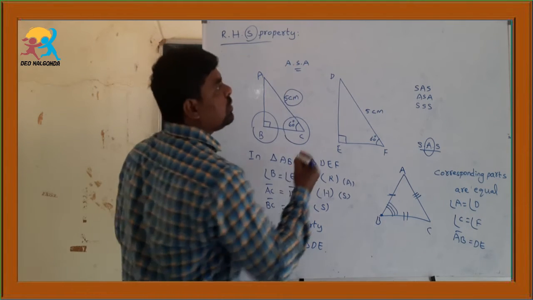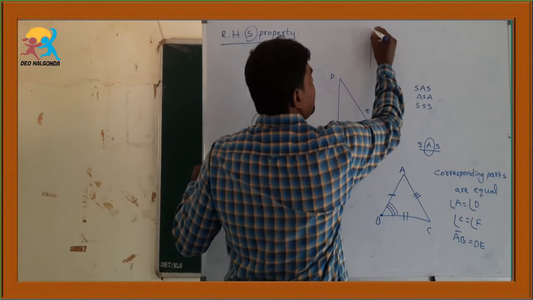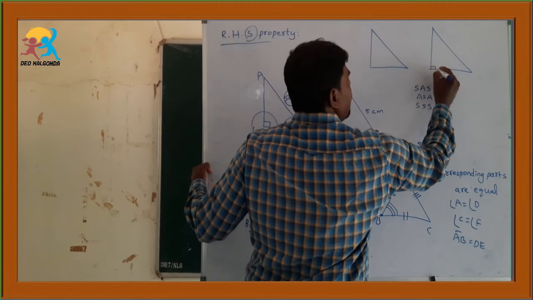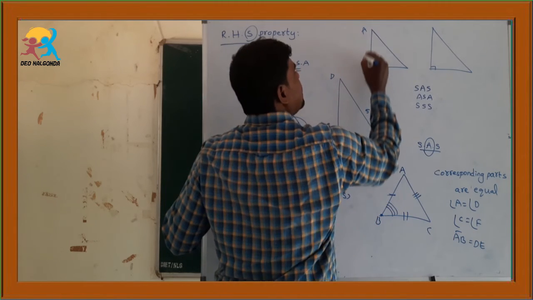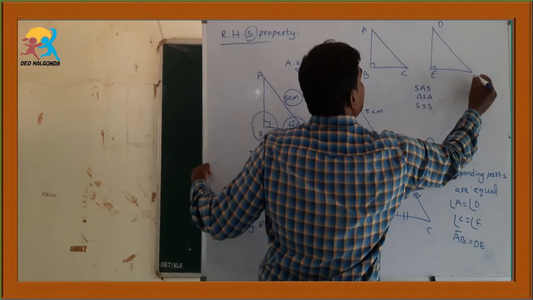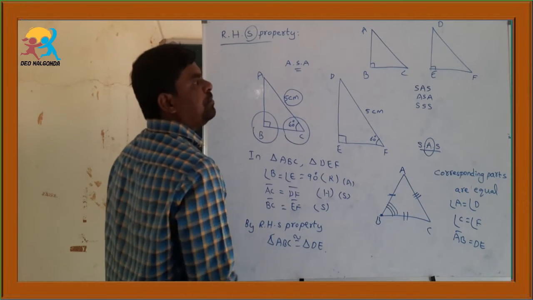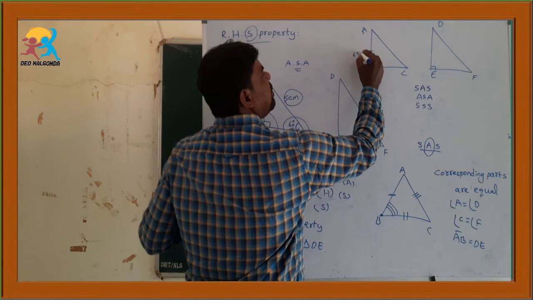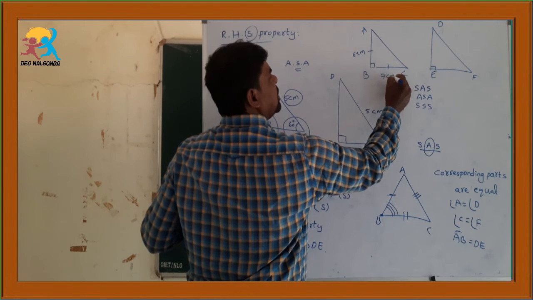Let us take one more example. We should take two triangles. Whenever we draw the triangles, definitely we should write the names for them. So we have two triangles and this is 6 centimeters and this is 7 centimeters.